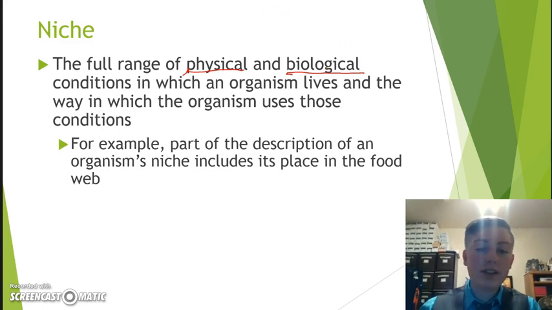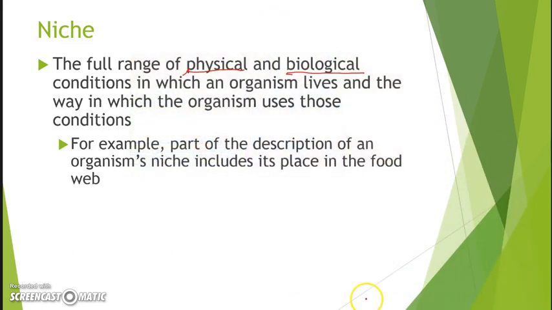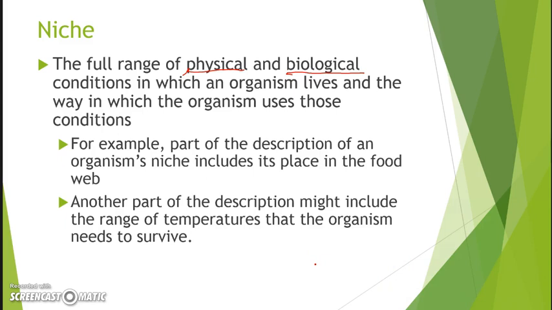So, for example, part of the description of an organism's niche includes its place in the food web or food chain. Another part of the description might include the range of temperatures that the organism needs to survive.